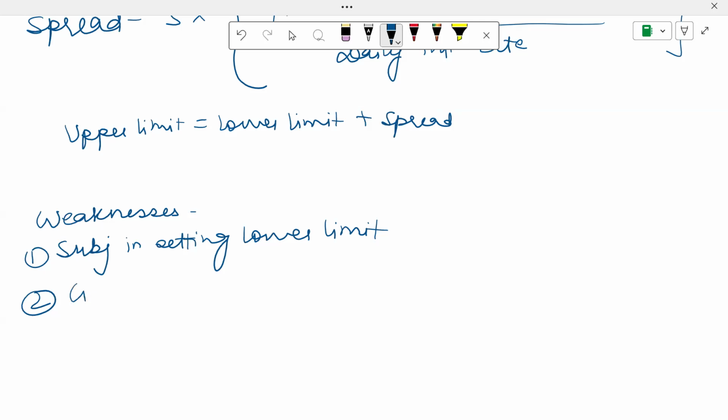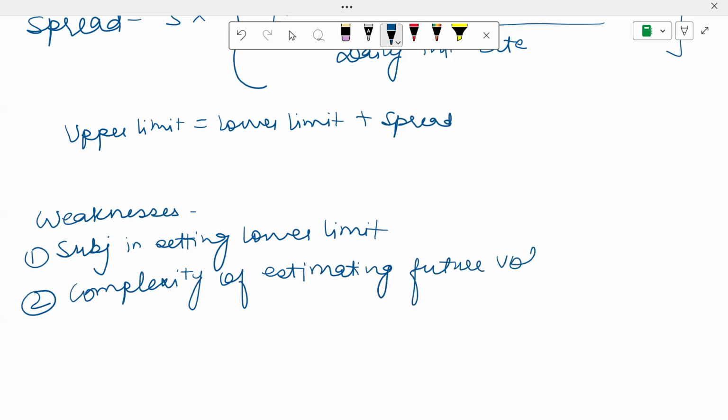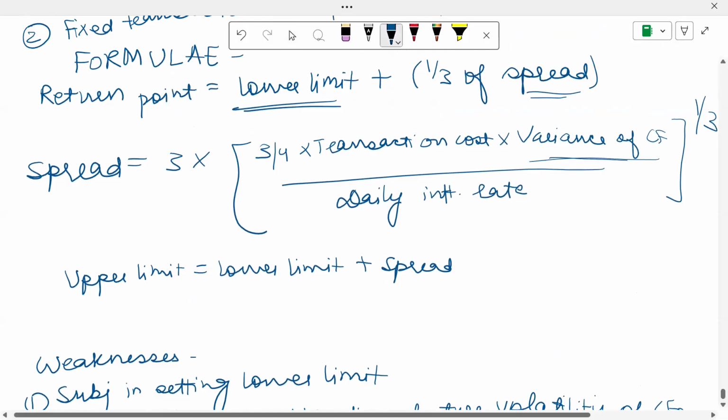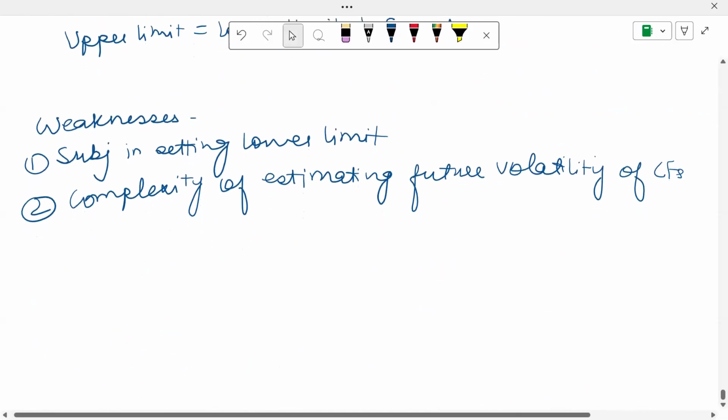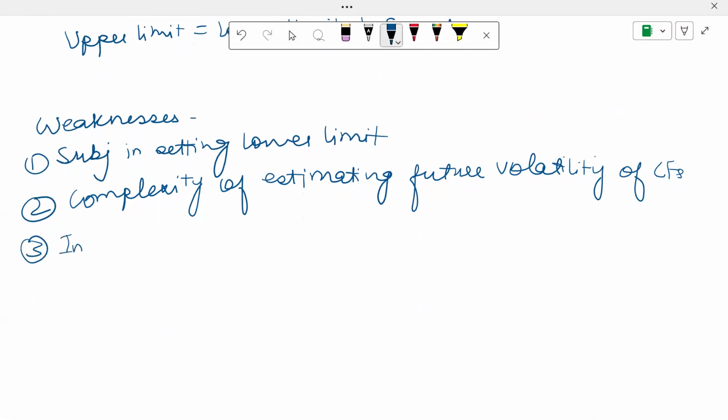And then there can also be complexity of estimating future volatility of cash flows, that is, how much your cash flows are going to differ. Because we need the variance of cash flows, again over here there can be complexity in estimating this value.